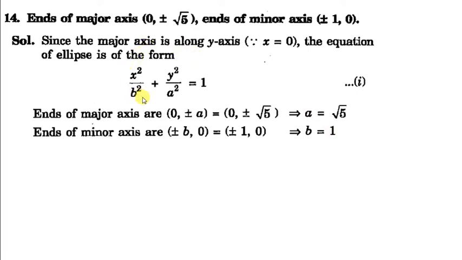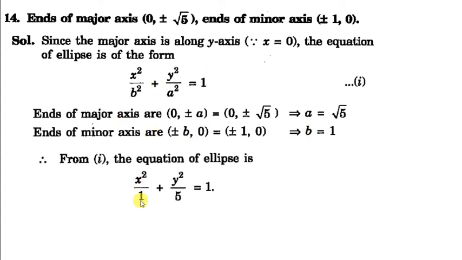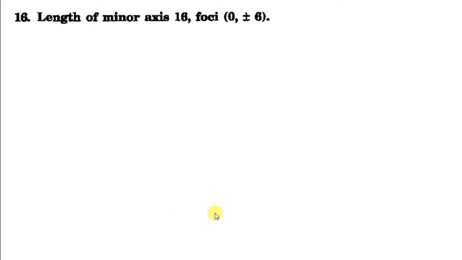The standard form in this case is x square by b square plus y square upon a square equal to 1. So we can put the values of a and b in this first equation, and we can write the equation of the ellipse as x square by 1 plus y square by 5 equal to 1.